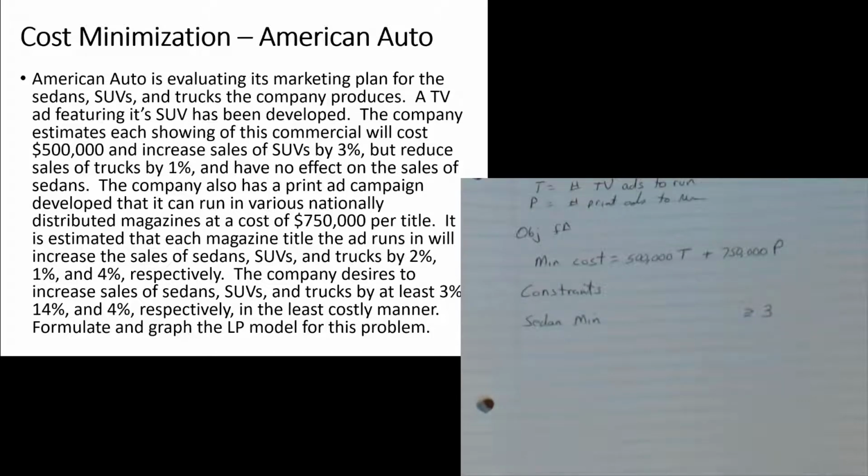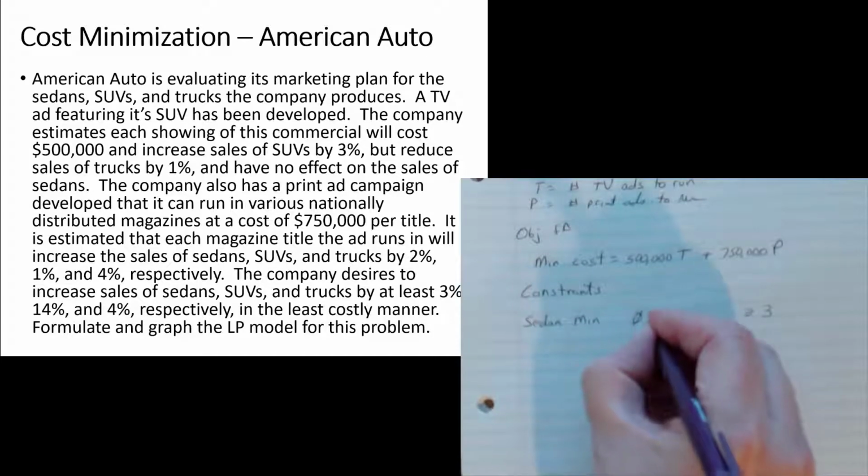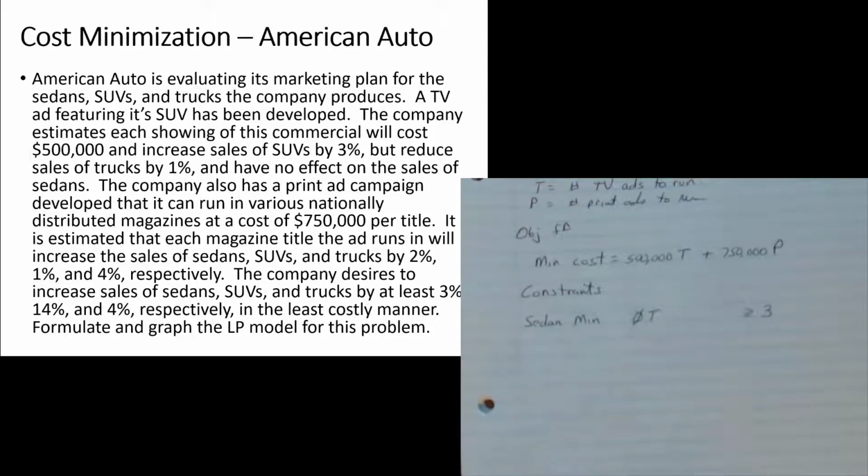So whether you say this is 0.03 or whether you say it's 3, it doesn't matter in this particular case. Now, how do I determine if I've met this requirement? Well, if I run a TV ad, what happens to sedan sales? I saw at the beginning it says no effect on the sales of sedans. So 0 times T. So it doesn't matter how many television ads I run, I'm not going to increase sedan sales.